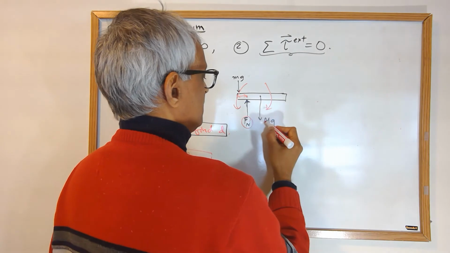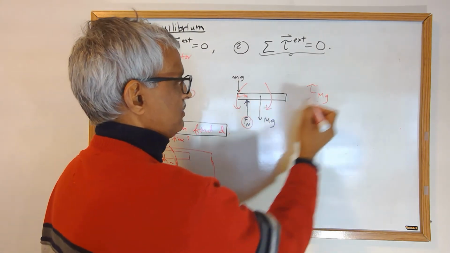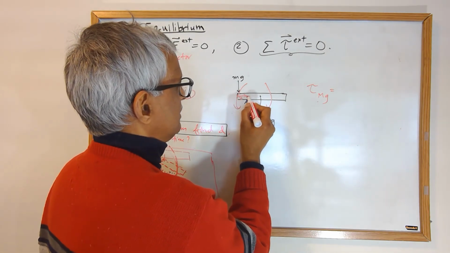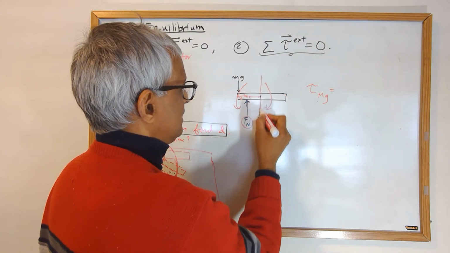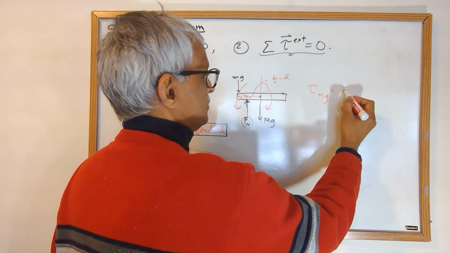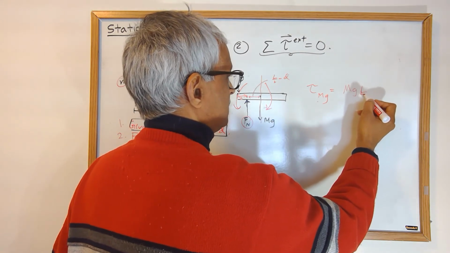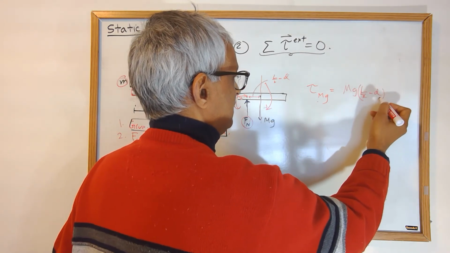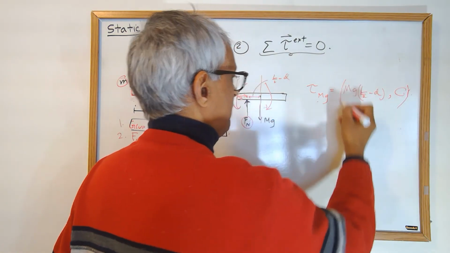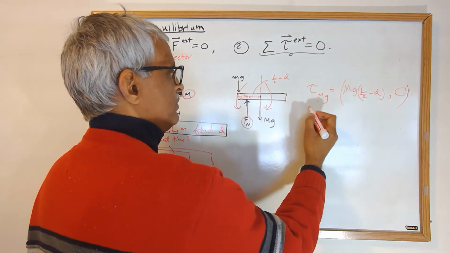So the torque of big mg is counterclockwise, and if this is d, then the lever arm for this is L over 2 minus d. So big mg times L over 2 minus d, and this is clockwise, so I put a minus there.